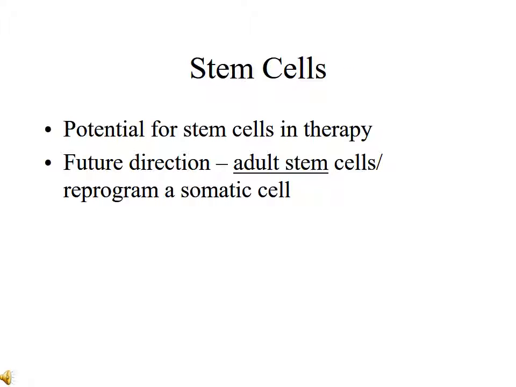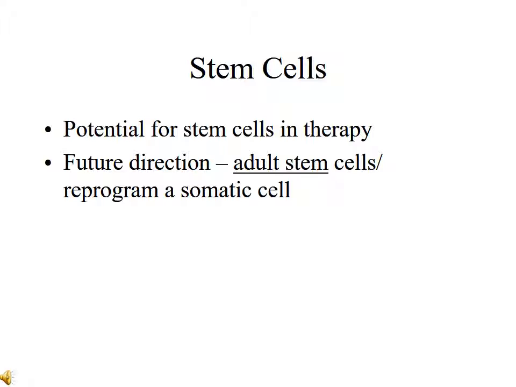Okay, so now let's summarize stem cells. There's significant potential for stem cells in therapy, and you can almost use your imagination as to where stem cells can be used, from Alzheimer's disease to severance of the spinal cord.